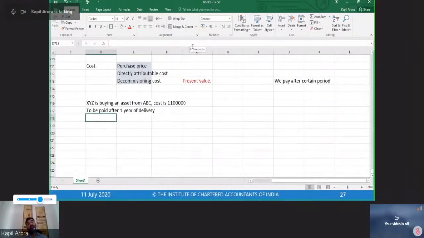When the amount is going to be paid after 1 year of delivery, the value I am not paying today, I am paying after 1 year.